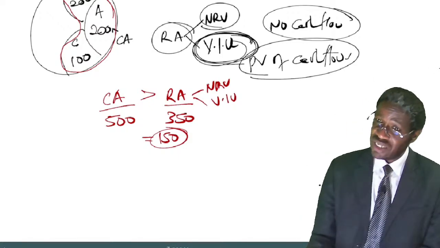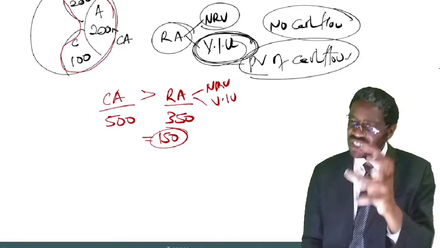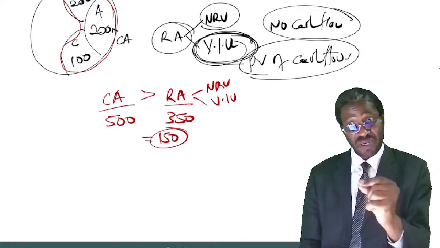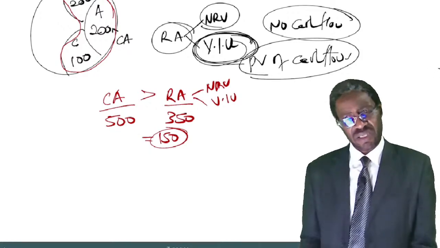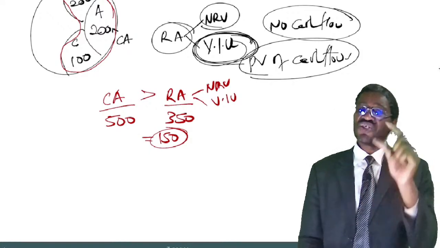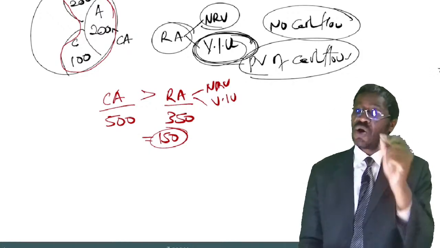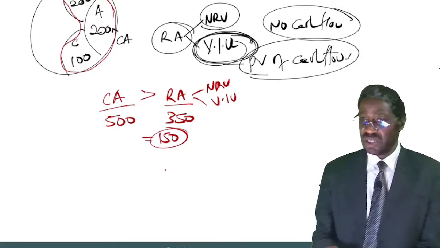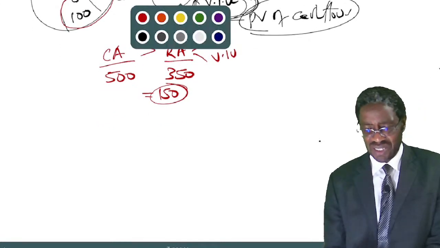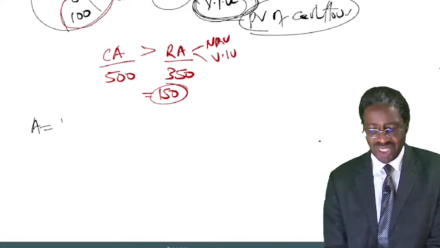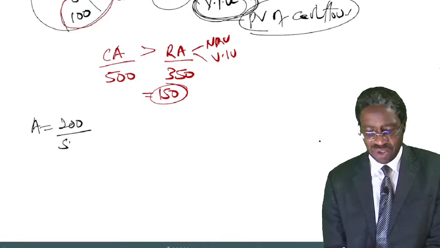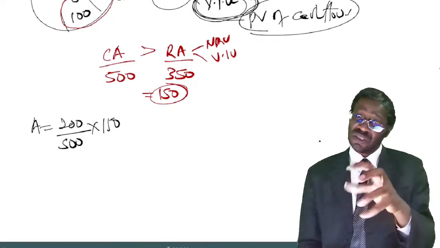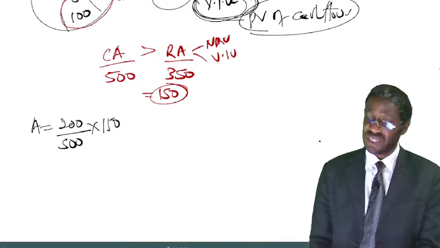The accounting standard says that if a cash generating unit suffers an impairment loss, that impairment loss should be allocated to the assets in the unit on the basis of their carrying amount. Meaning, against asset A, which had a carrying amount of 200, divide by the total of 500, multiply that by 150. So out of 150, that is the proportion you write off against asset A.